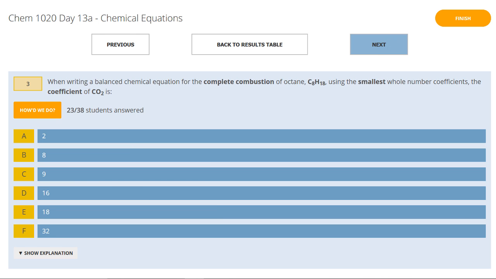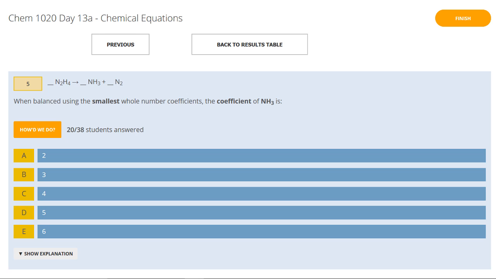With the smallest whole number coefficients, the coefficient of CO2 is 16 and the coefficient of H2O is 18. And for the last one, when this equation is balanced using the smallest whole number coefficients, the coefficient of the NH3 is 4.